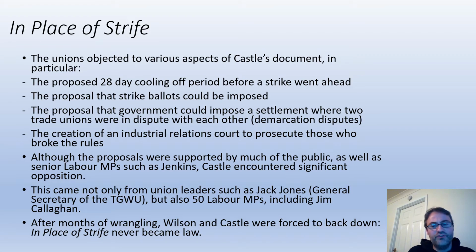Those disputes are called demarcation disputes, and what Castle is proposing is that in those cases where there seems to be no resolution, the government could step in and actually impose a settlement and decide what to do with those unions and with those workers.